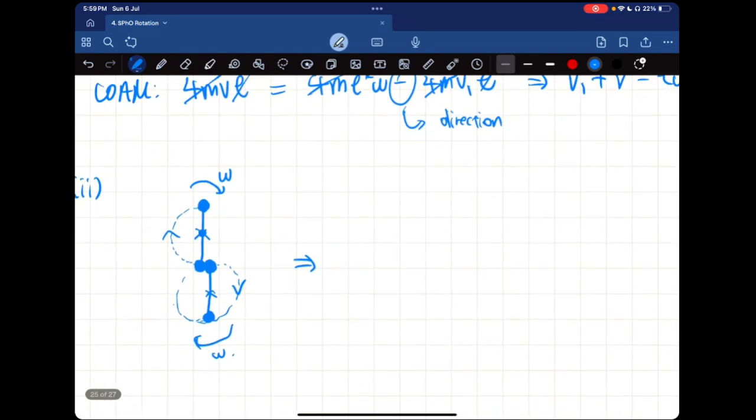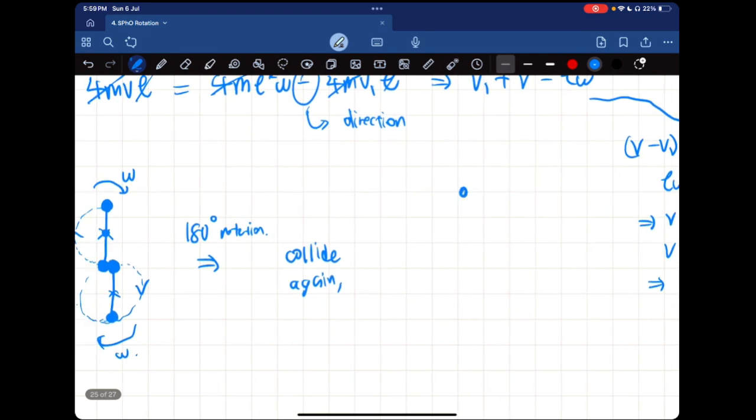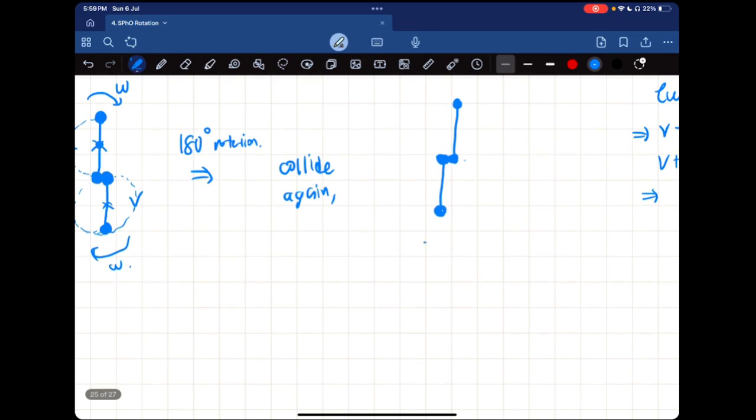Which means that after they rotate by 180 degrees, they will collide again. And basically what happens is the reverse situation. So we end up looking like something like that, and the reverse situation happens. They collide again.